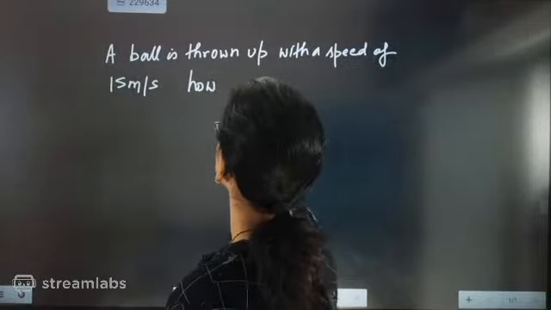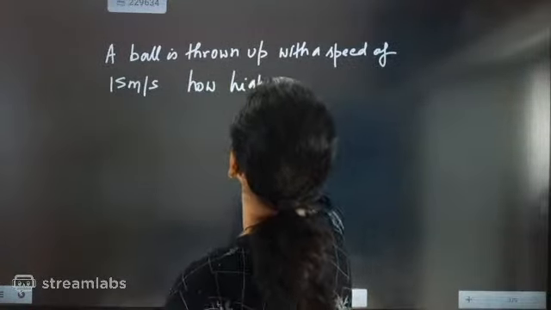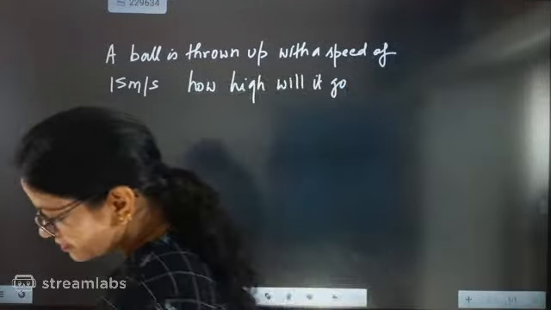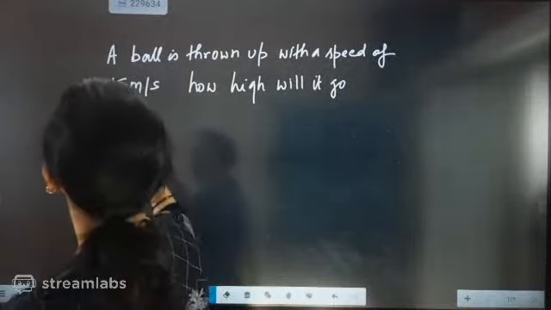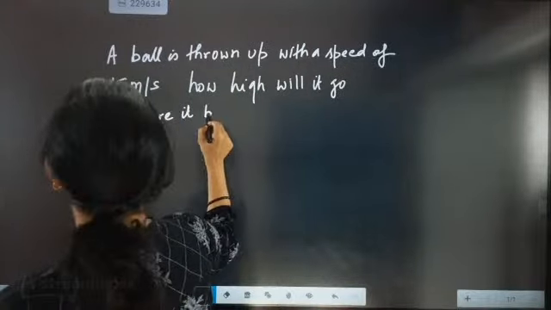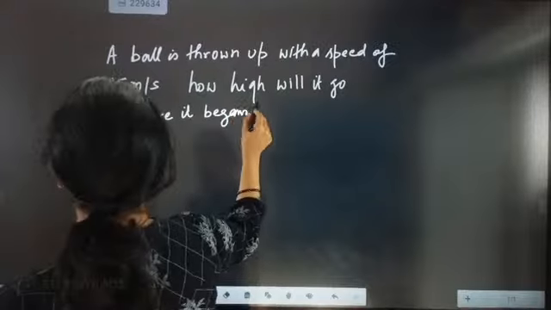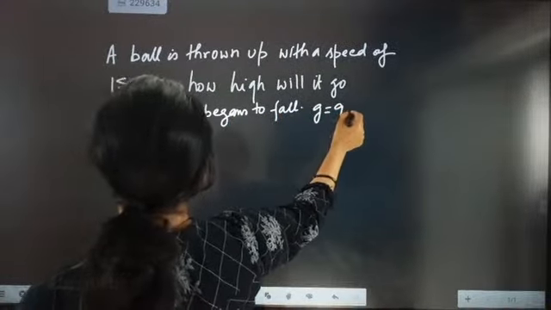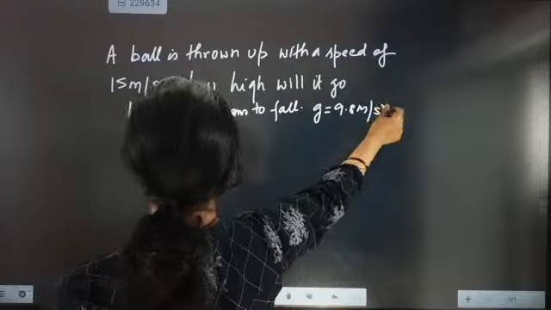How high will it go before it begins to fall? You have to take G as 9.8 meter per second square.